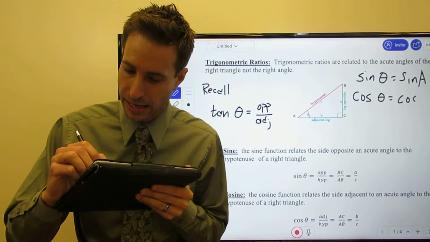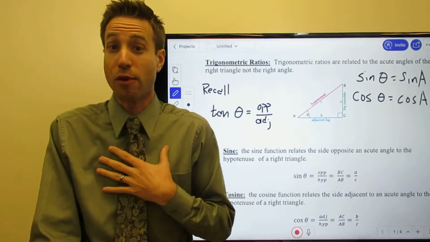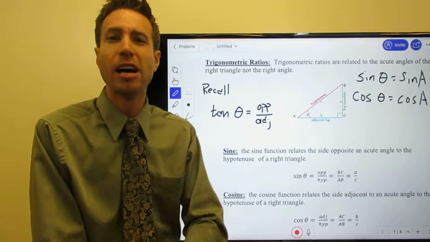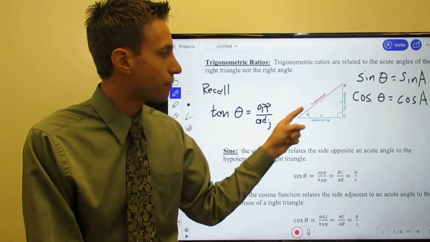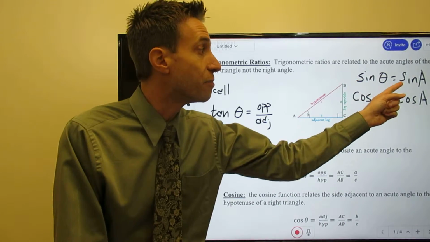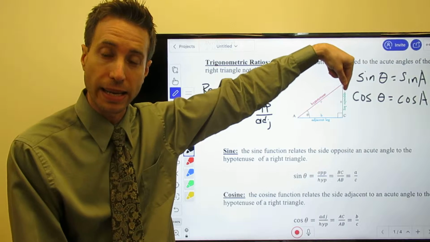It could be sine A or cosine A. However you name that angle, it just depends on what's given to you in the problem. Just know there's two different acute angles in here, so we could also do sine of B or cosine of B, where we're talking about this angle right here.